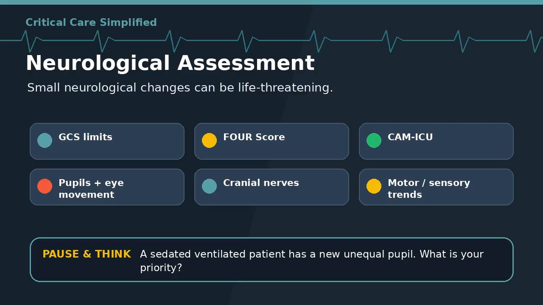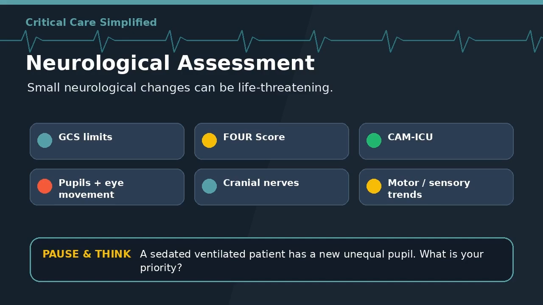The FOUR score can be especially helpful because it includes eye response, motor response, brainstem reflexes, and respiratory pattern. Screen for delirium with tools such as CAM-ICU and always interpret findings in context. Sedation, analgesia, paralytics, baseline deficits, sepsis, hypoxia, and metabolic derangements can all affect mental status.